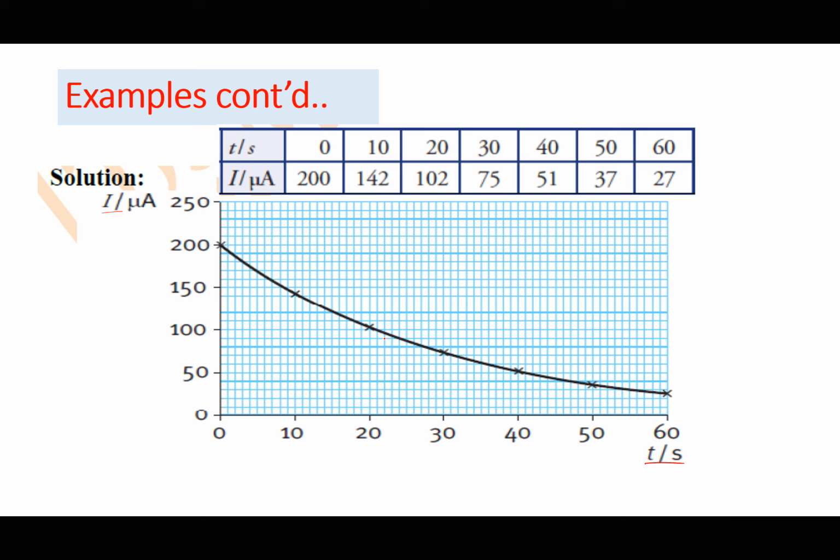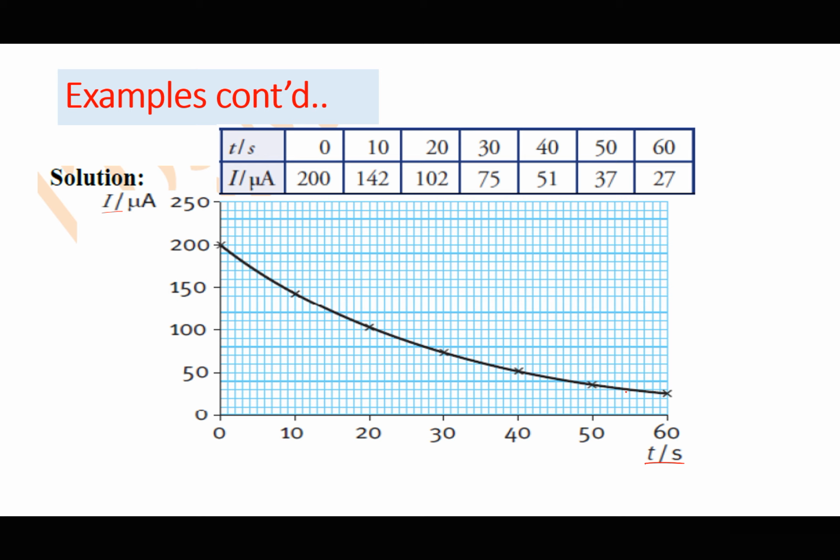So I plotted 20 against 102, approximately there, then 30, approximately 75, then 40, 51, then 50, 37, and so on and so forth. So this is just a scale. You can plot a better graph using a better scale if you want.